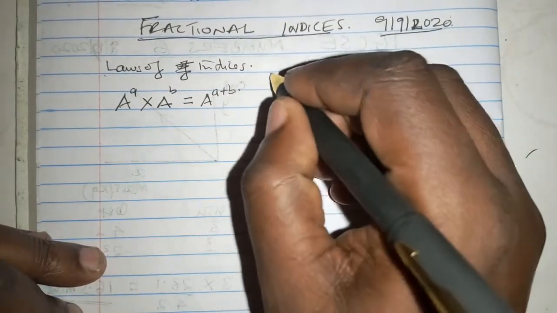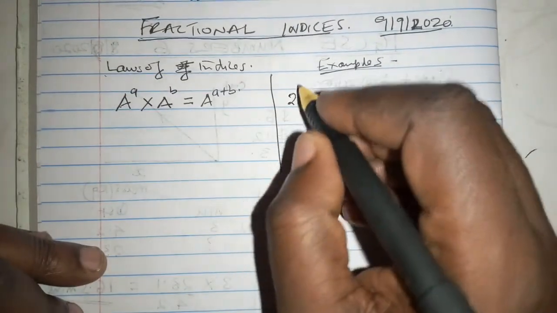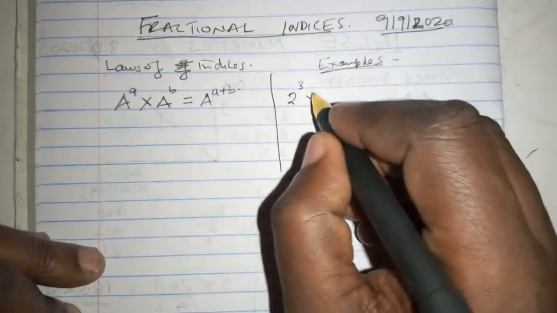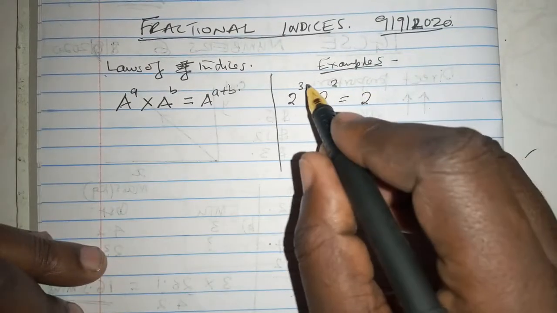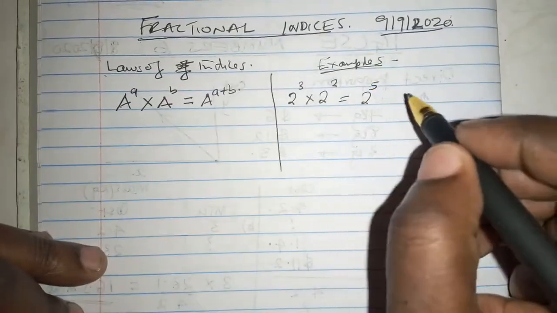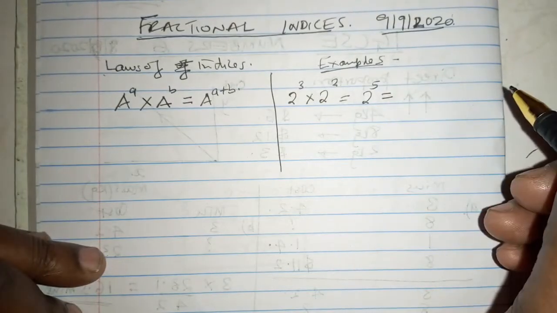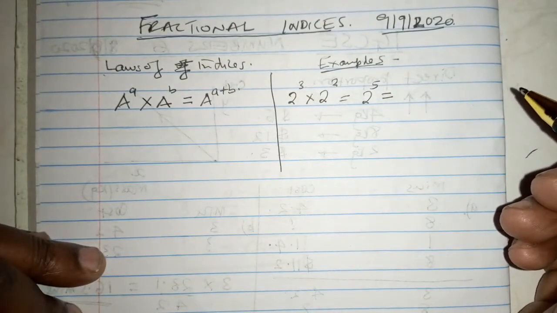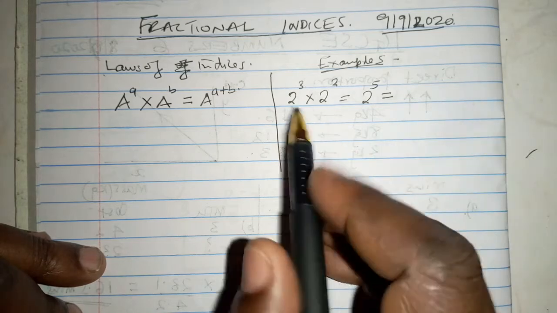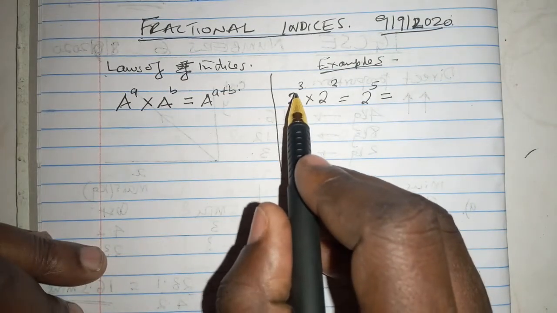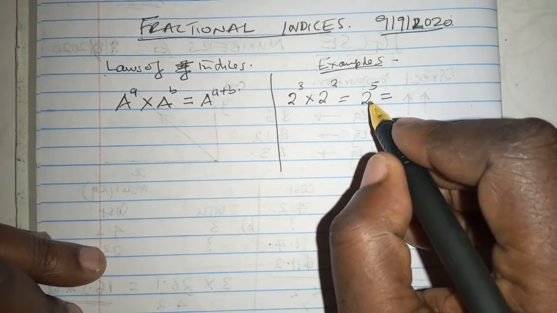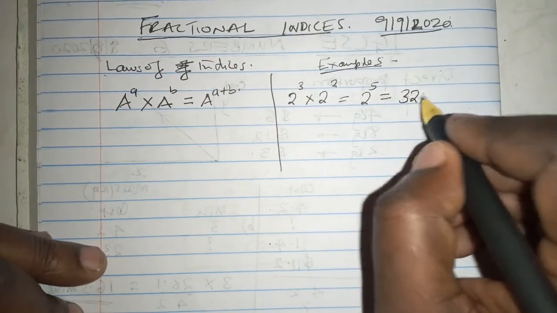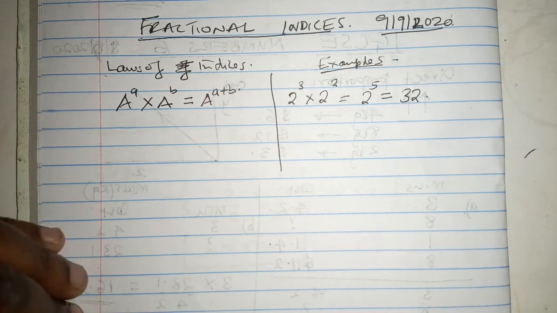For example, 2 raised to power 3 times 2 raised to power 2 is 2 raised to power 3 plus 2, which is 5. You may want to verify this and get exactly 32, because this is 2 cubed, which is 8, times 4, which is 2 raised to power 5, which is basically 32.